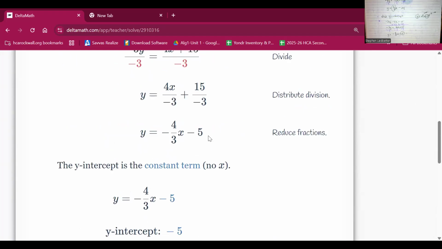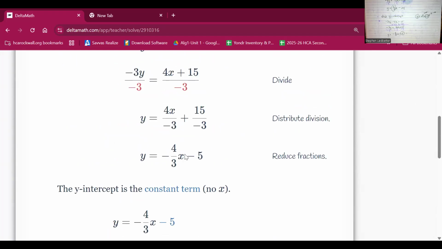Whenever you see, like right here, the x doesn't have an exponent, well, we know it has a 1 on it. It's like an invisible 1. But whenever the exponent is a 1, it's a straight line. If it was a 2, it would be a U shape, kind of like a smile. We call that a parabola.